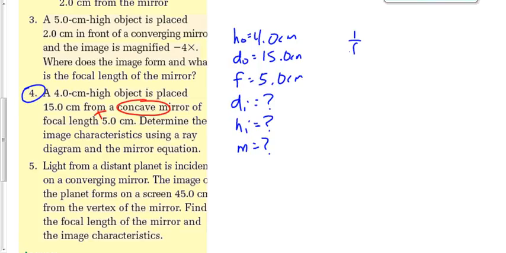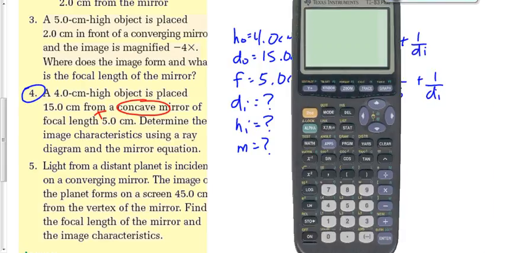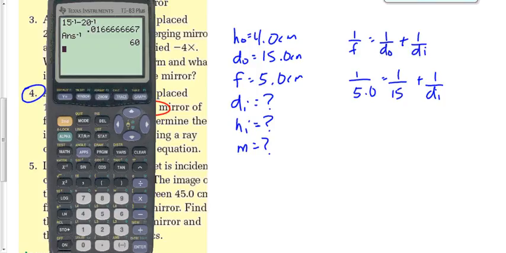Let's say 1 over F is equal to 1 over DO plus 1 over DI. 1 over 5 equals 1 over 15 plus 1 over DI. Let's figure out what DI is here. We get 5x to the minus 1, subtract 15x to the minus 1.